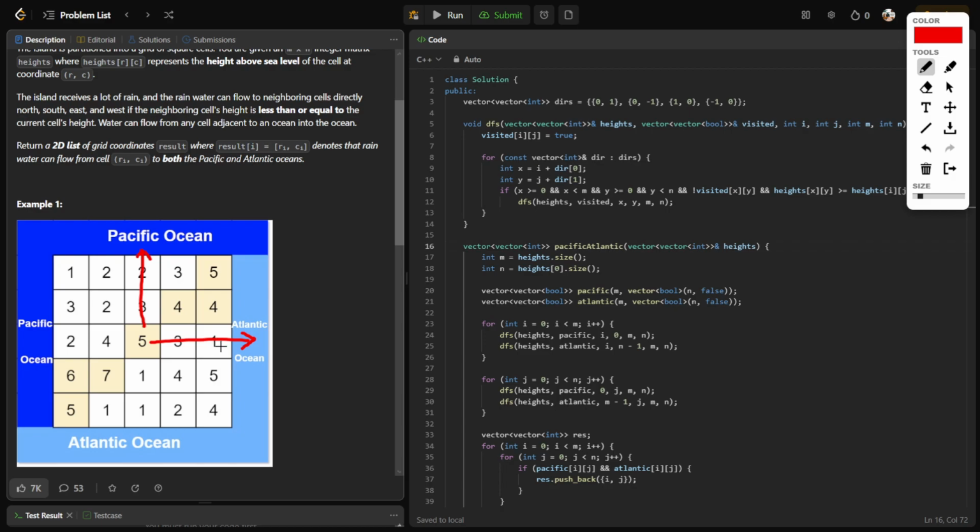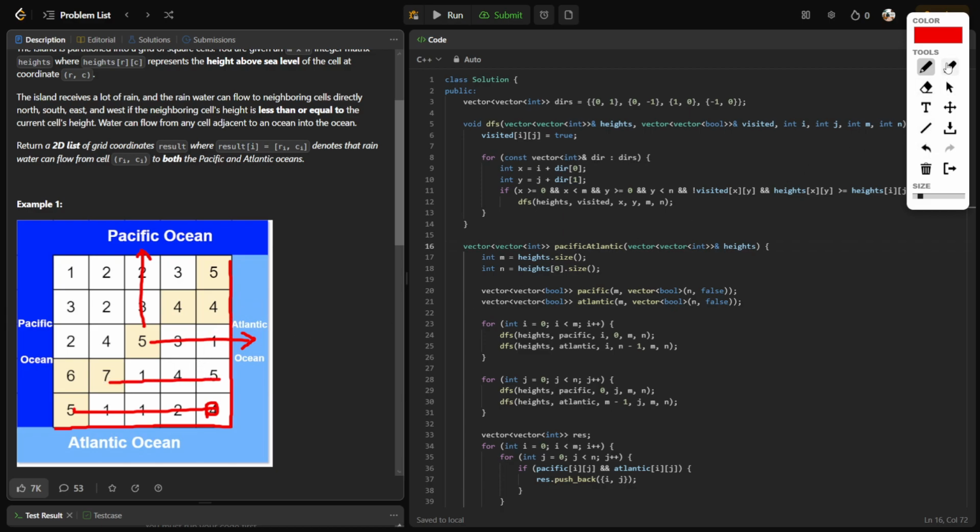So what we are looking to do is, from each edge of each ocean, do a depth first search until we reach a number that we cannot increase to anymore.